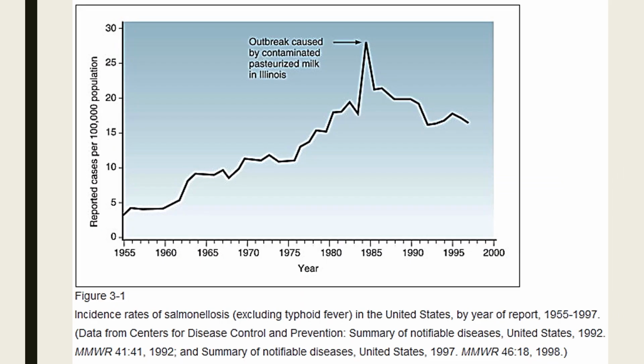So for example, this incidence of salmonellosis in the United States by year summarizes that an outbreak caused by contaminated pasteurized milk in Illinois sparked an increase in the cases in 1985.